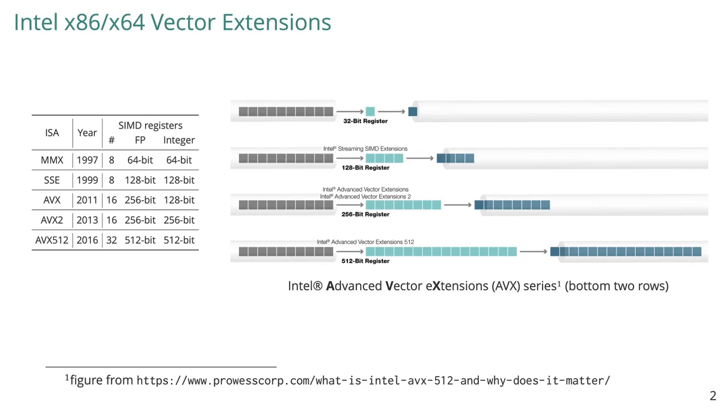Taking Intel's x86 and x64 platform as a case study, the evolution of vector extensions over the past 25 years can be briefly summarized as listed. In 1997, Intel introduced the MMX extensions. It initially supported operations on packed integers using eight 64-bit wide registers.